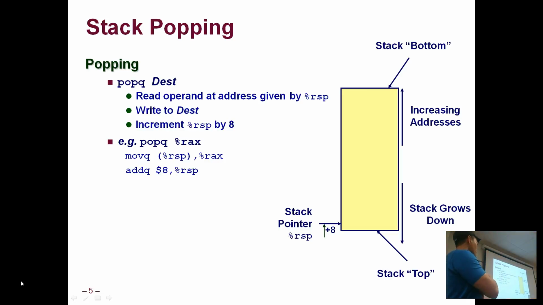Because we're at the lowest level, abstractly you could implement stacks any which way. In fact, you usually don't care as a programmer. You just call the stack class, stack.push, stack.pop, and you don't know how that stack class is implemented. But this is the way the x86 stack is implemented.